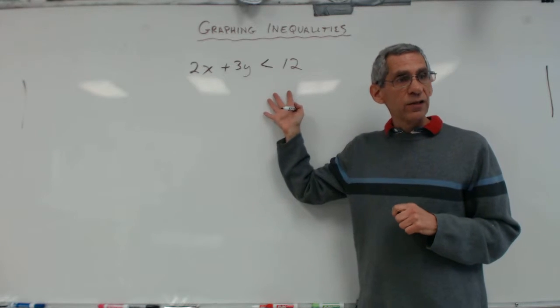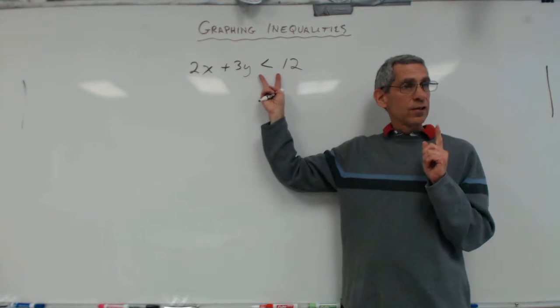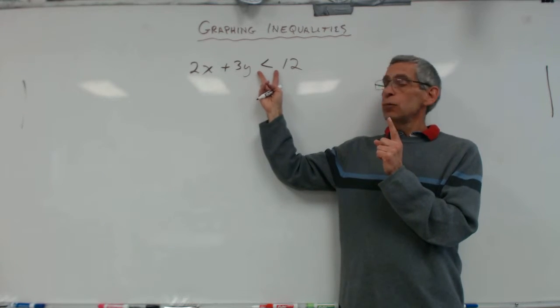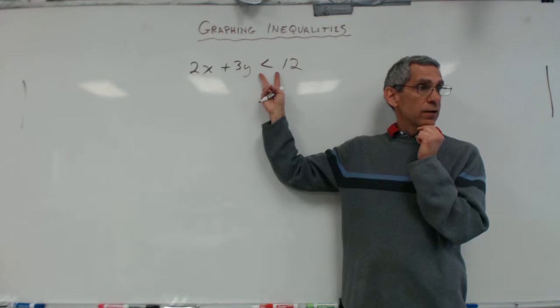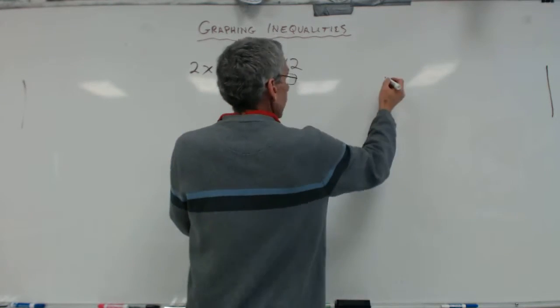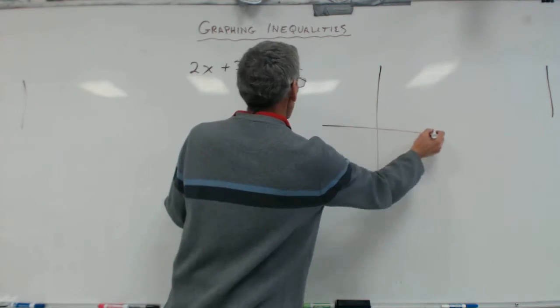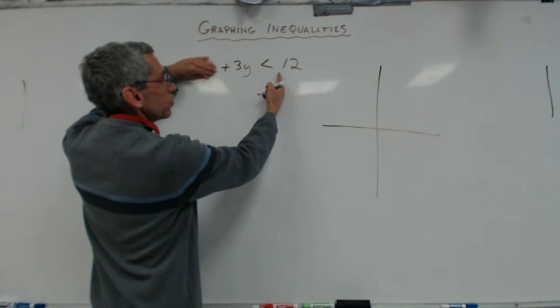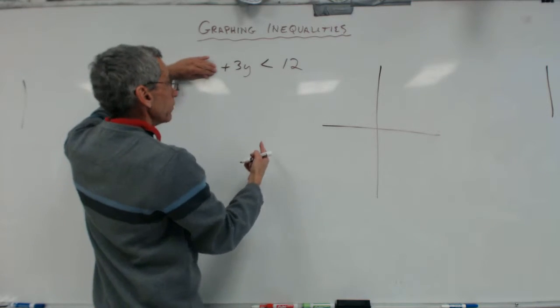What you do when you graph these is you pretend, this is important, you pretend this is an equal sign for a second while you figure out your points on your graph. So remember, we're going to use x and y intercepts. When x is 0, 3y equals 12, divided by 3, y would be 4, right?